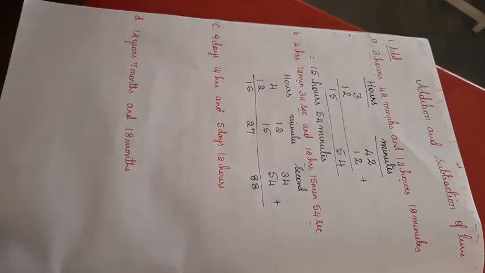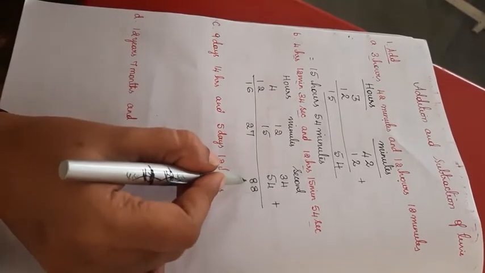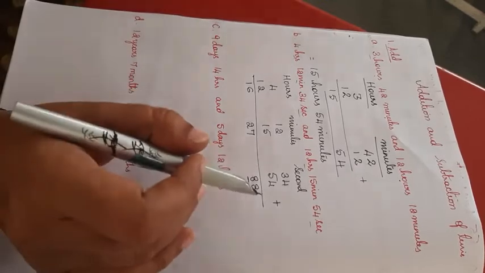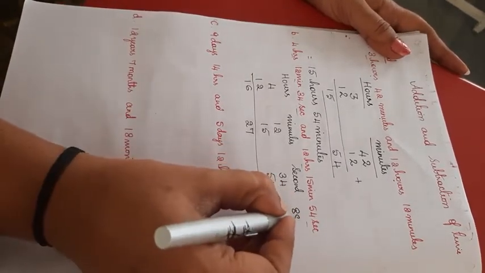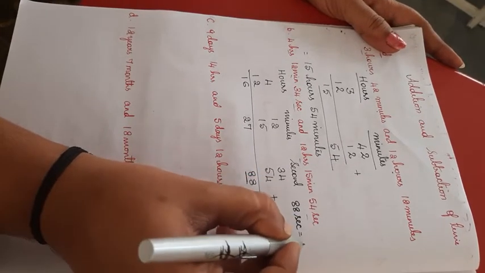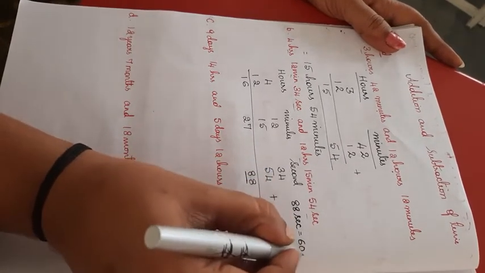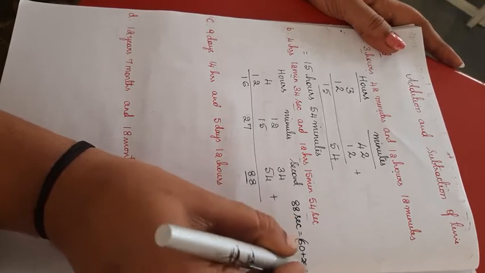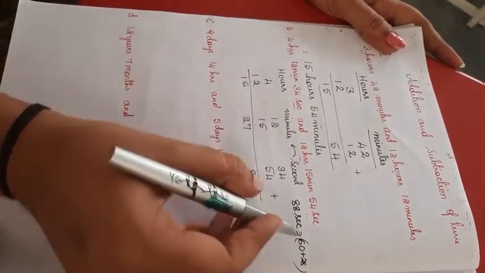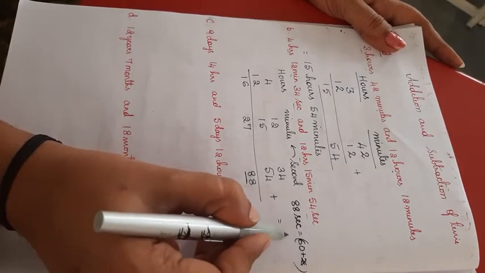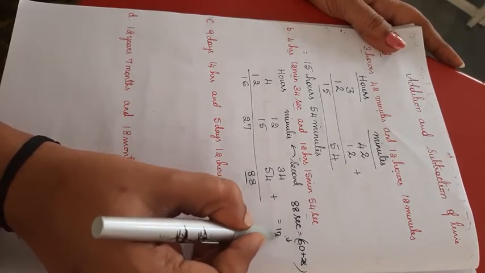Right. But see here, now 88 seconds is here. So how many seconds do we have in a minute? 60 seconds. So convert this 88 seconds: take out 60. How much is remaining? 28. This 60 goes into minutes, so 1 minute. 60 seconds is nothing but 1 minute.